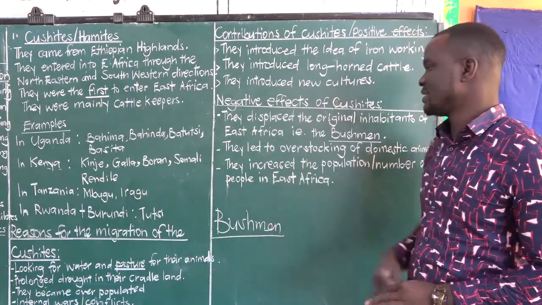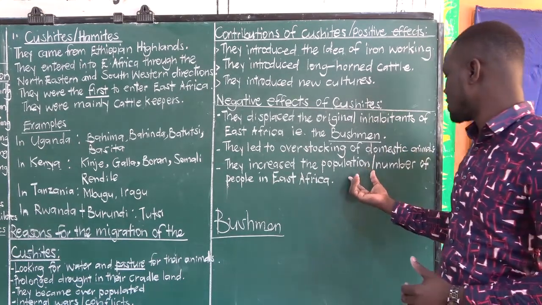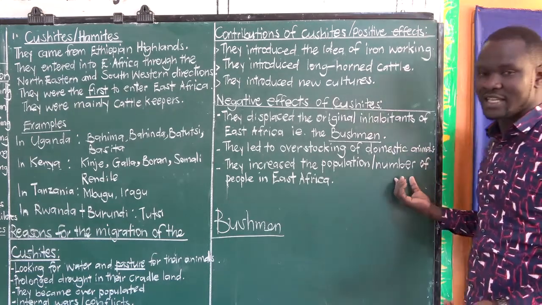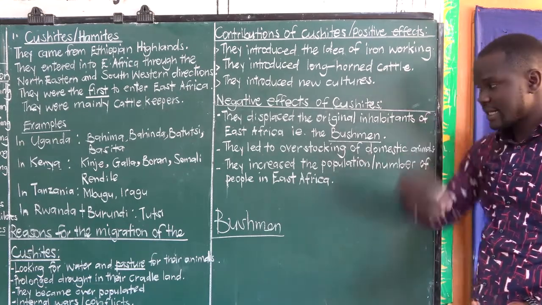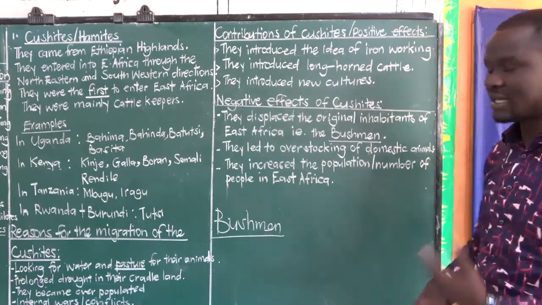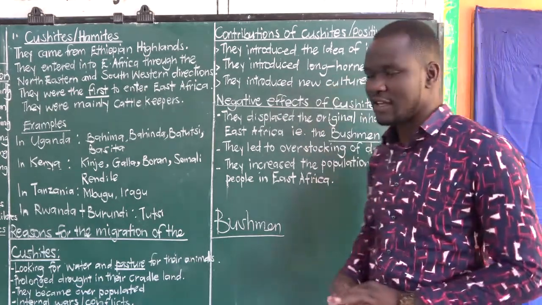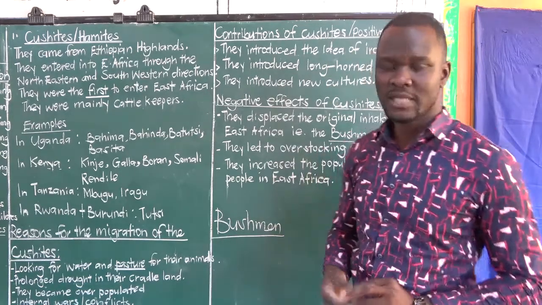And then lastly, we are saying these Kushites increased the population. When you talk of population, we mean the number of people living in an area. So they increased the population of East Africa. And I say this one can cut across. It can be a negative effect, and it can also be a positive effect. Remember, having a high population is good, and at the same time, it can be bad.